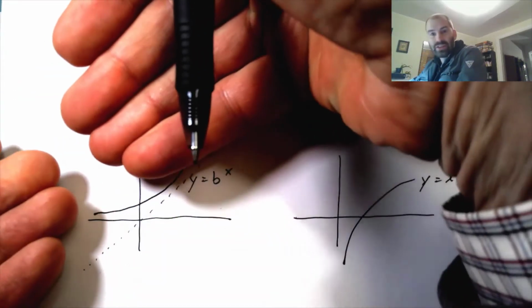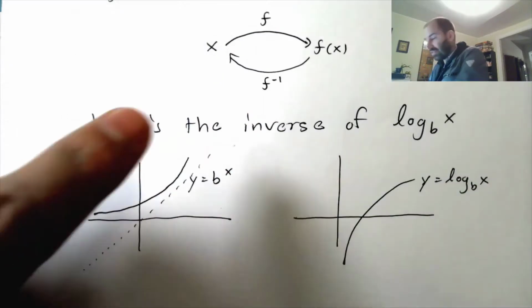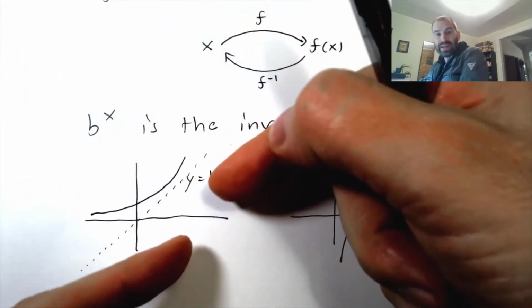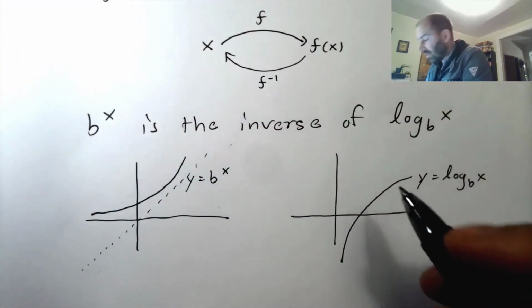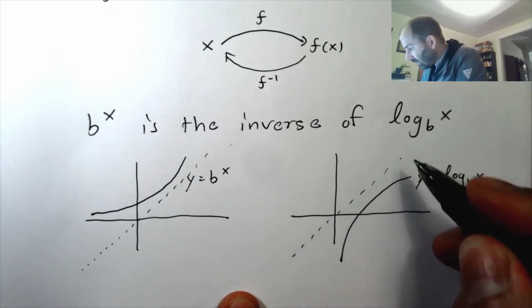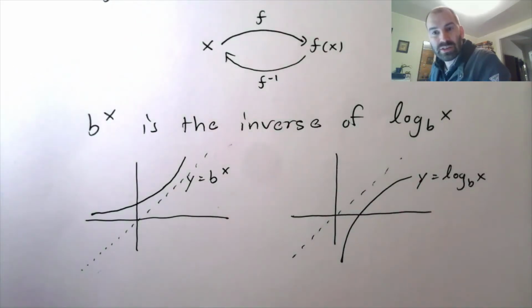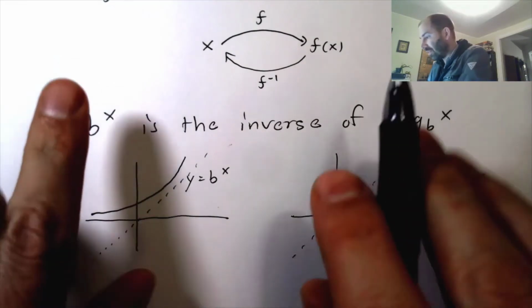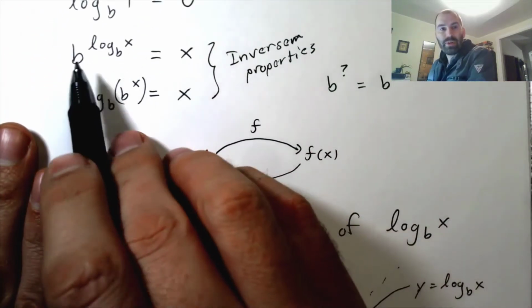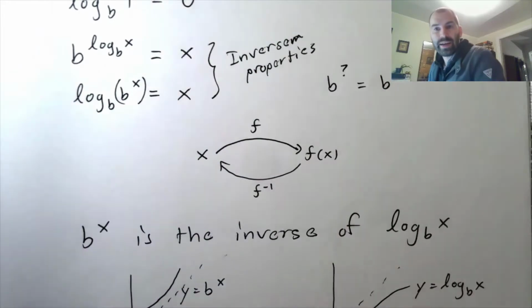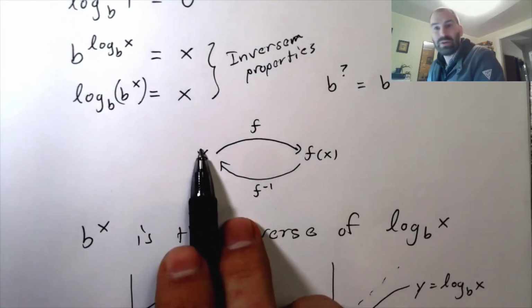So if I just imagine that was a mirror and I flipped this curve, reflected it across this diagonal line, guess what I get? I get this curve. So they are indeed inverse functions. And that's why they have this property that when I plug one into the other one, I just get back to x. It's just making this go in a loop.